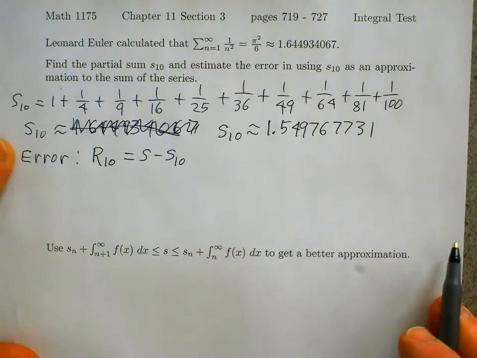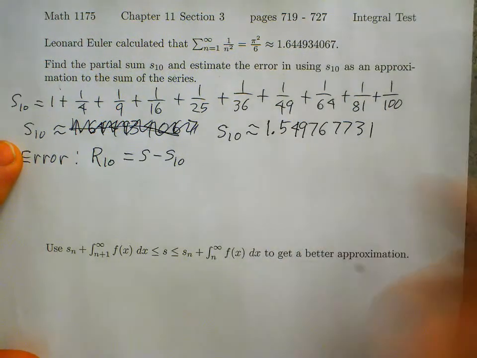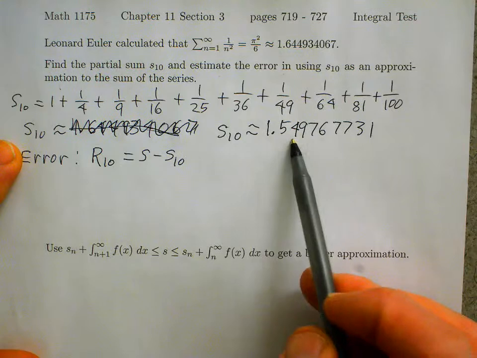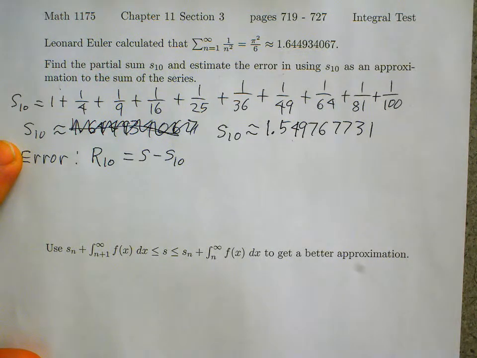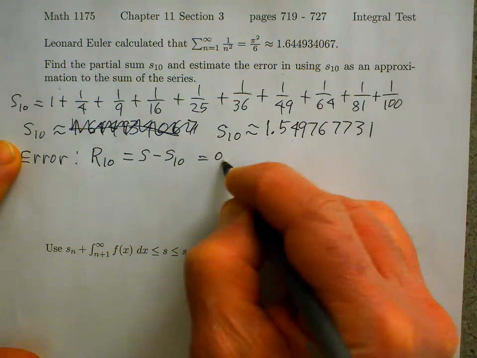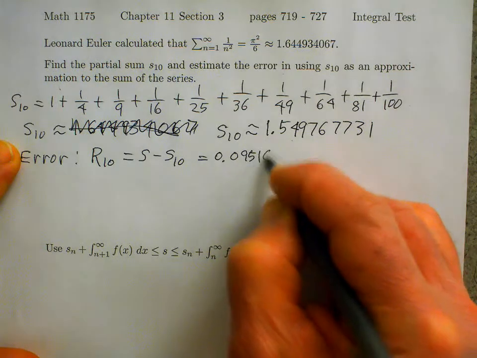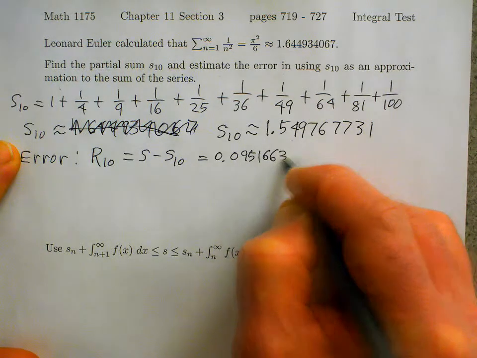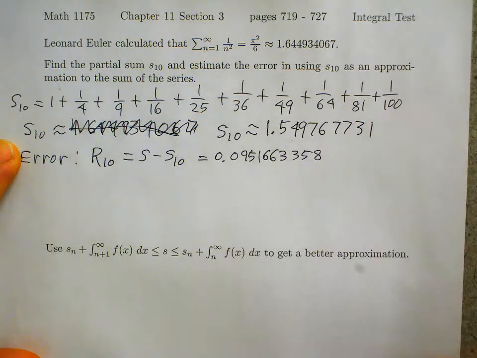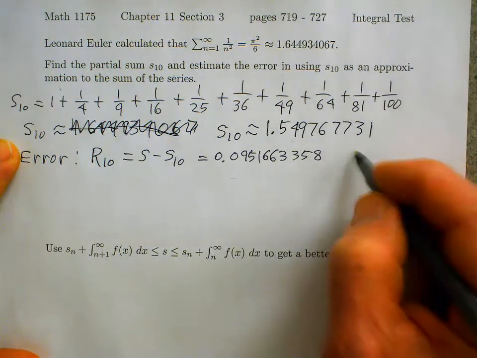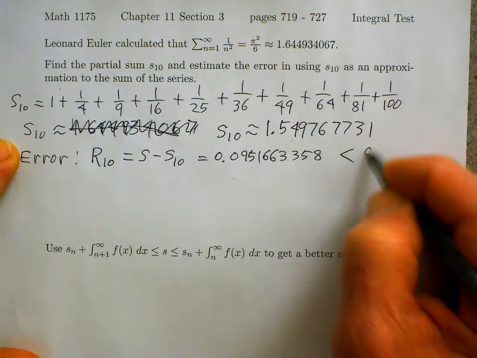So we know what S is approximately, and S minus S sub 10, so when we subtract those, we get 0.09516633358. So the error is less than 1/10.